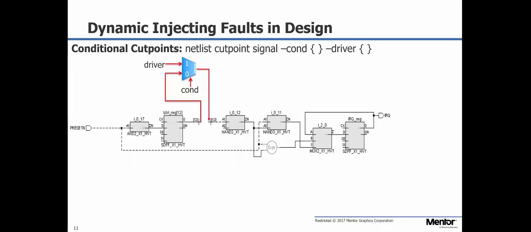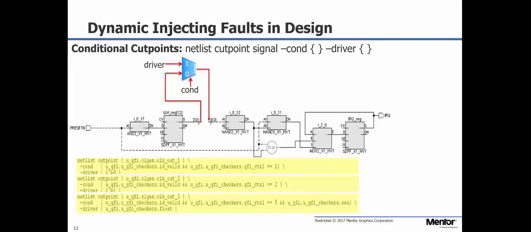Here is an example. We have 3 fault sites: the first one is driving 0, a stuck-at-0 fault, the second one is stuck-at-1, and the third one is a transient fault. So at compile time, you are only specifying what kind of faults and fault models you have, and this will compile at once.